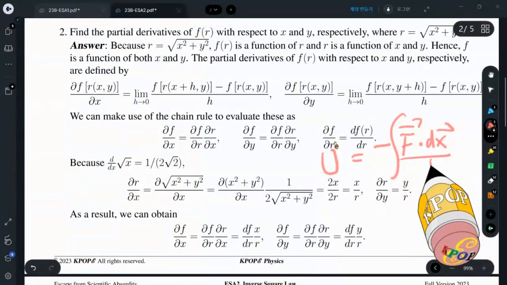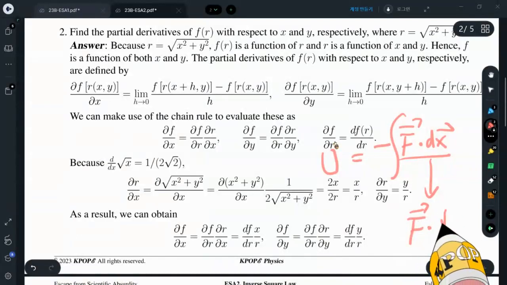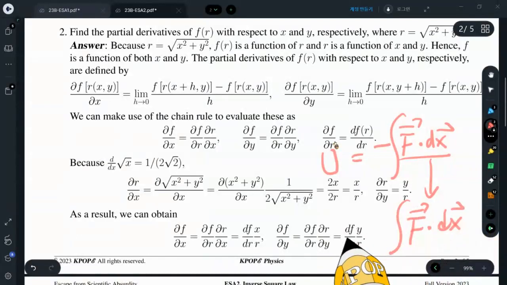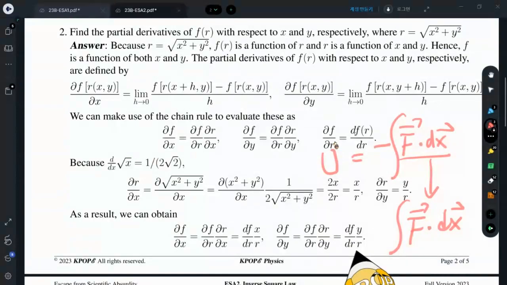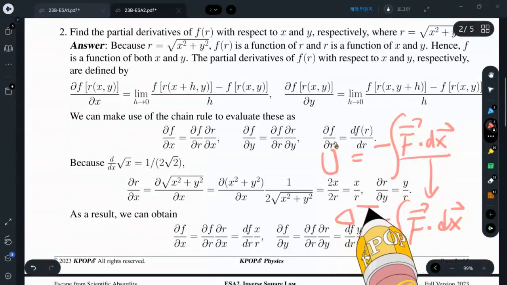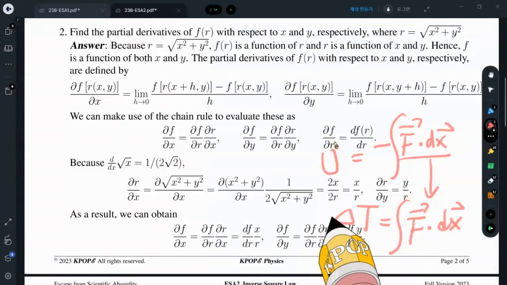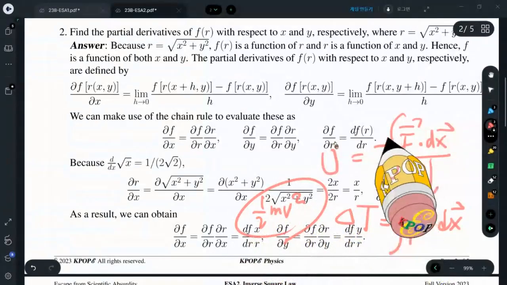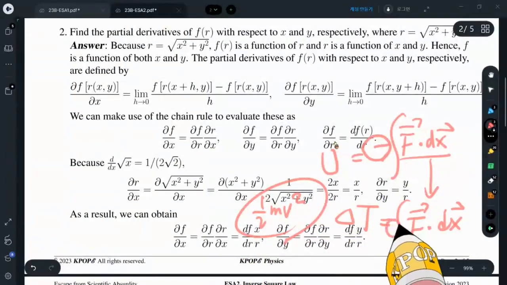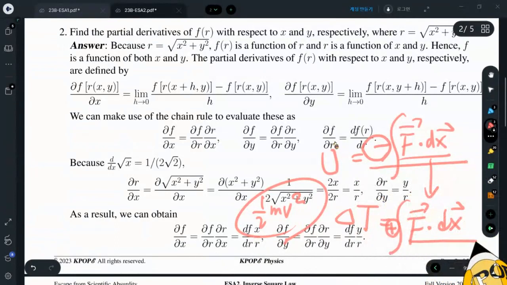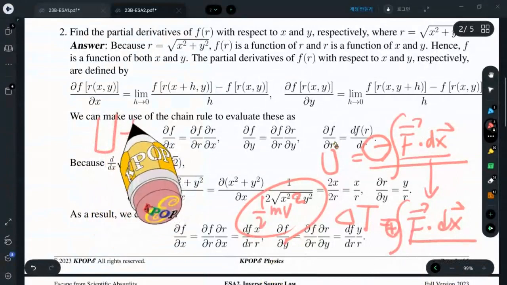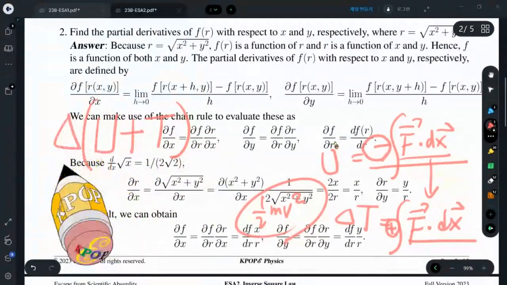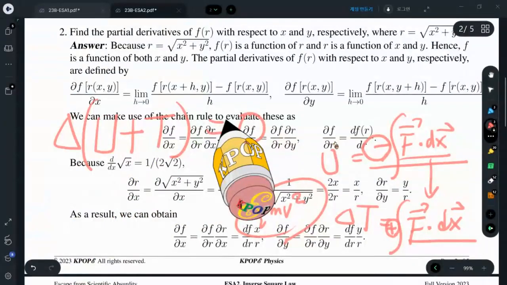Why? We know force integrated over path is, according to the work-kinetic energy theorem by Coriolis, the change in the kinetic energy. And usually you write 1/2 mv squared, something like that. Because of the negative sign, this is a positive sign. They are the same. The sum is 0. That means the sum of potential energy and kinetic energy is always constant.